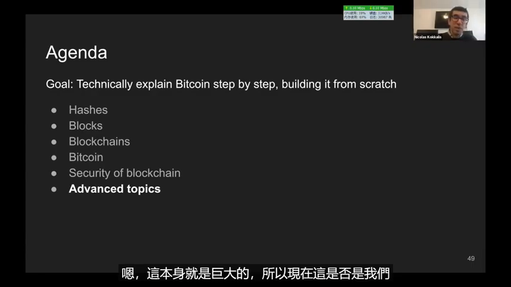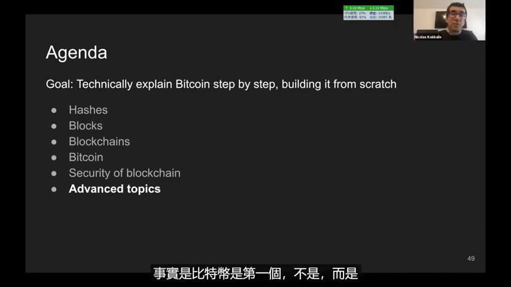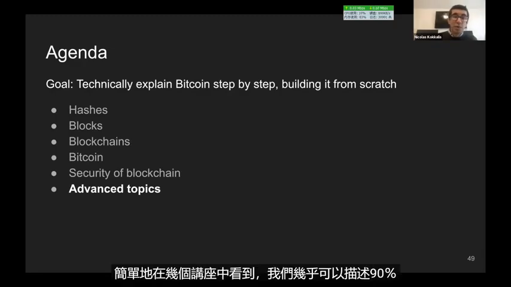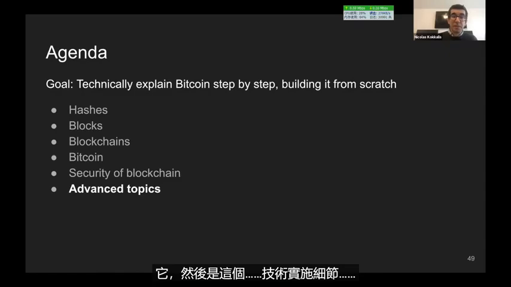Bitcoin is very simple. In a couple of lectures, we can pretty much describe 90% of it, and the rest is technical implementation details. That obviously makes it a little simplistic for certain situations that were not predicted by Satoshi 10 plus years ago. But at the end of the day, does it really matter?